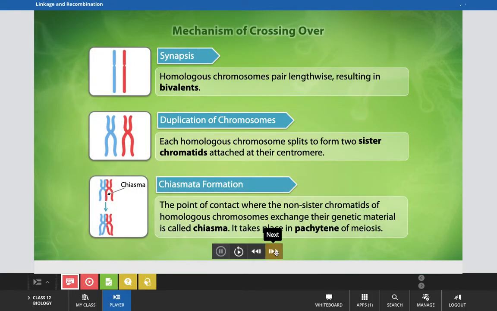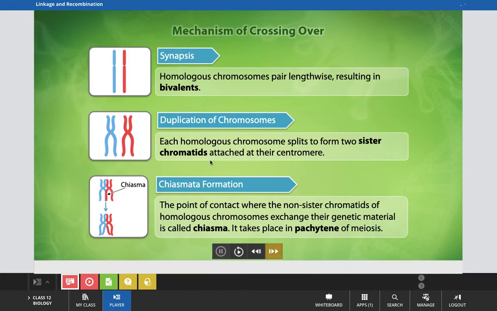Now let's once again recall the mechanism of crossing over at the time of meiosis. In the first stage, synapsis, the two homologous chromosomes pair lengthwise, resulting in a bivalent, and duplication of chromosomes takes place when each homologous chromosome splits to form two sister chromatids.